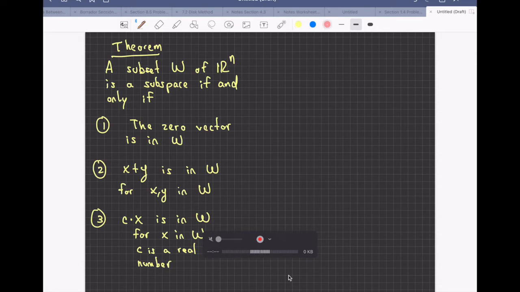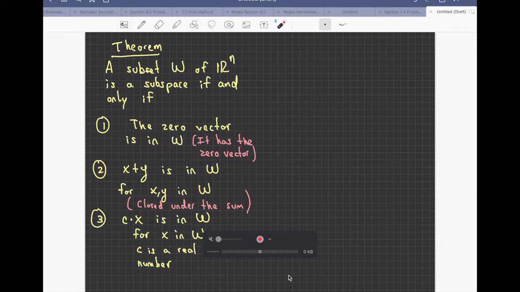How can we verify whether a given subset of Rn is a subspace? First, it must have the zero vector. Second, closed under the addition or sum. I mean, if you take two elements x and y in W and you do the sum, it must be in W as well.